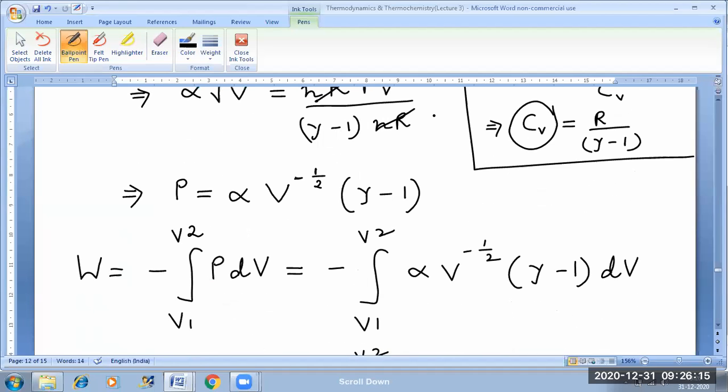Also, we know that work done is equal to minus integral P dV from V1 to V2, where V1 is the initial volume and V2 is the final volume. The value of P has been put.